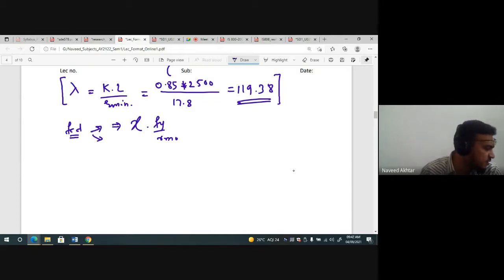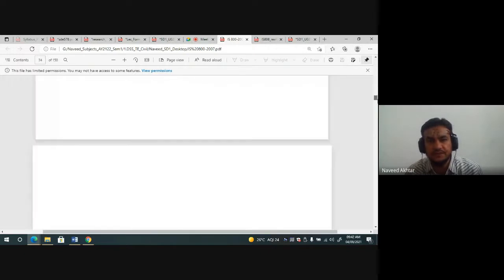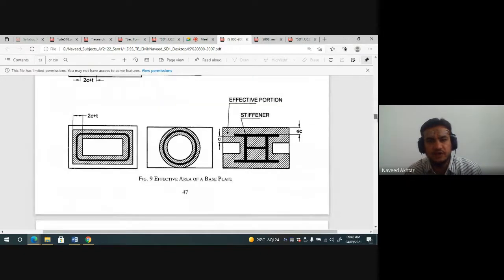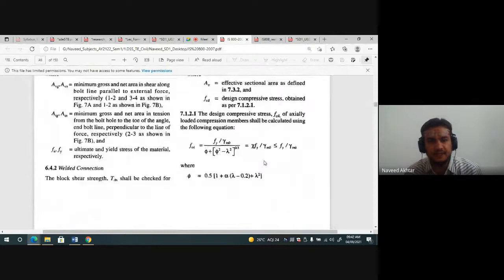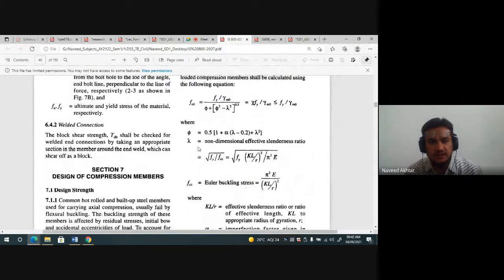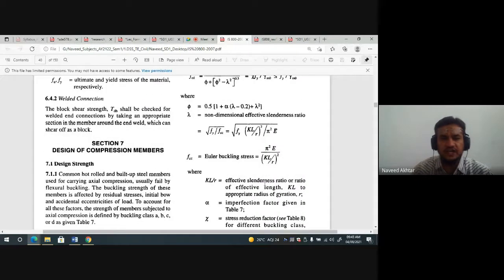Stress reduction factor is nothing but 1 upon 5 plus under root of 5 square minus lambda square. Here you can see this in the code page.